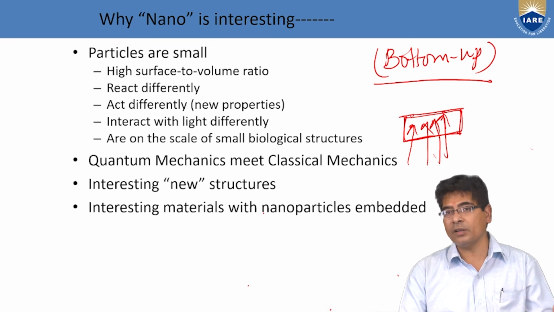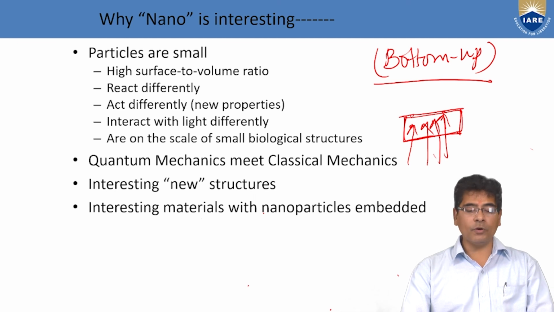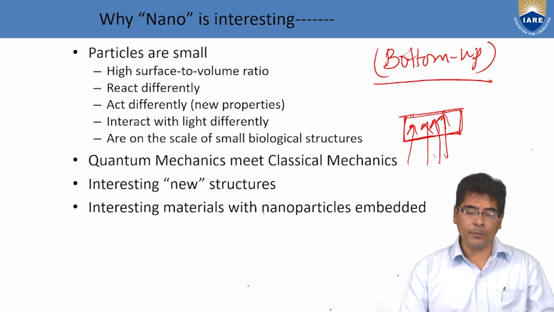If you go to the other process, that is called the vapor deposition process, a top-down approach. Vapor deposition refers to any process in which materials in a vapor state are condensed.